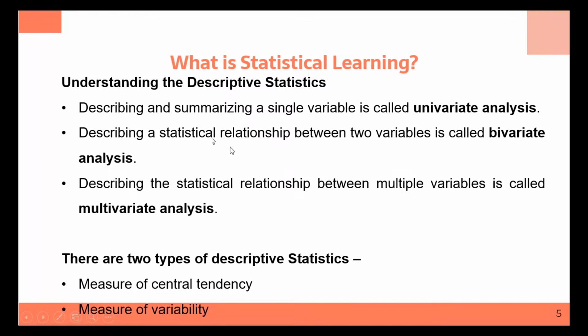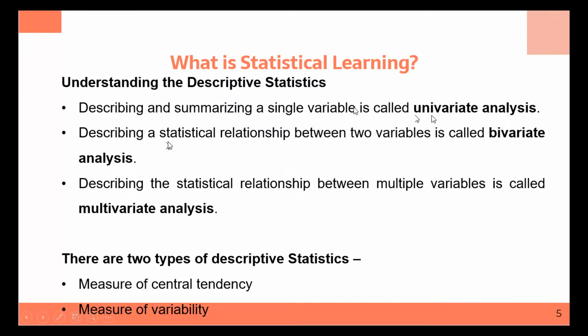Okay. I hope you understand the keywords firstly. Descriptive statistics is going to describe and summarize a single variable, telling you what the variable is. It's called a univariate analysis. That means a single variable analysis.